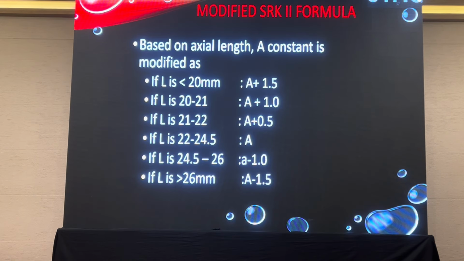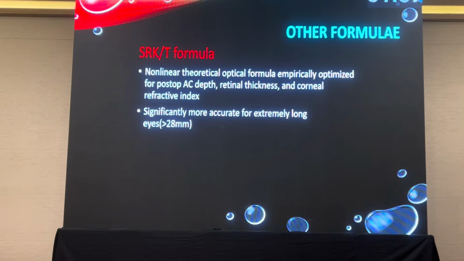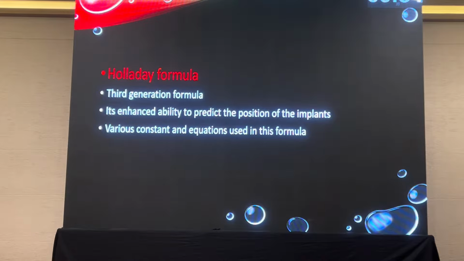This is the modified SRK2, a modification of the SRK. And we have the SRK-T formula, which is reasonably good in emmetropes and mild to moderate myopes also. The Holladay is a third generation and it's enhanced.